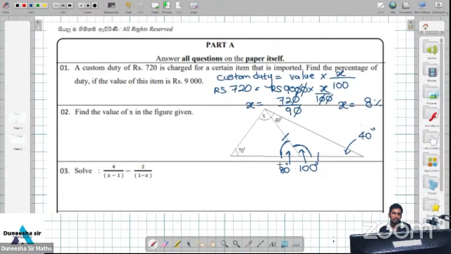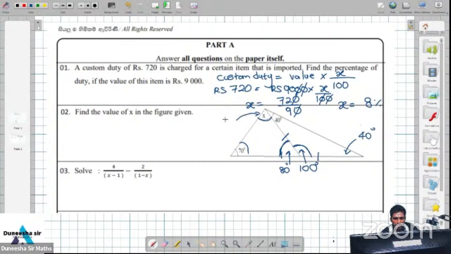Yes. Can you find the x? Then the internal angles of this triangle should be 180. 80 plus 70 is 150.